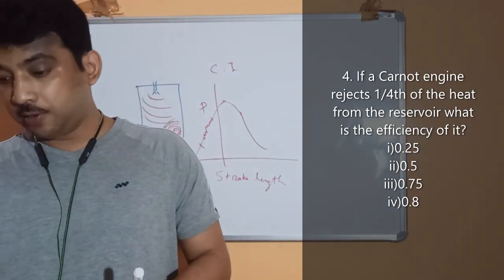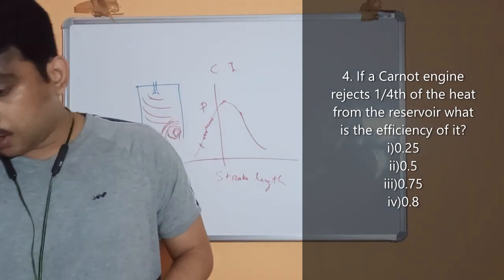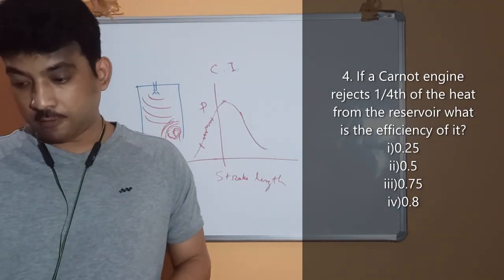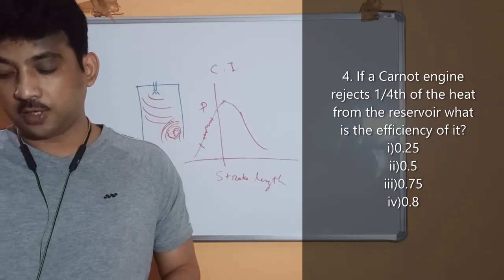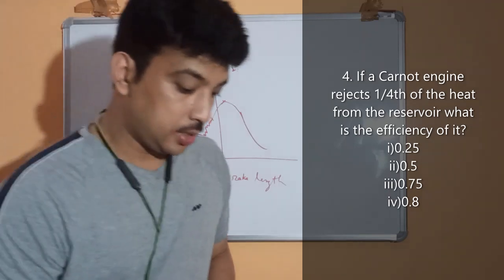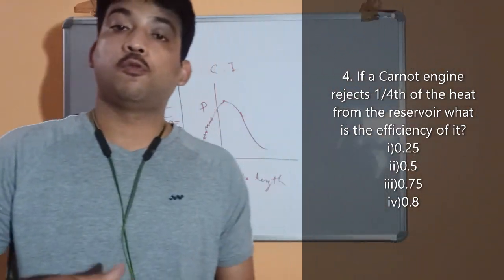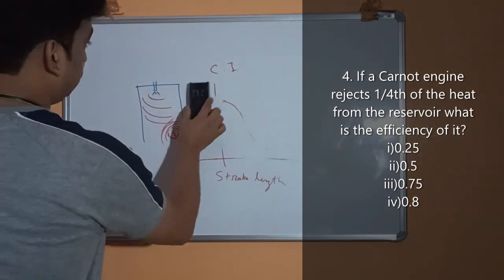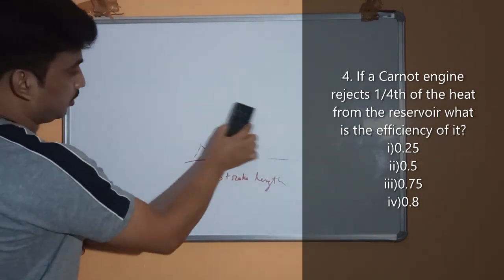If a Carnot engine rejects 1/4 of the heat from the reservoir, what is the efficiency of the Carnot engine? 0.25, 0.5, 0.75, 0.8. So the rejected heat is 1/4 of the heat absorbed by the engine. What happens in case of a Carnot engine?